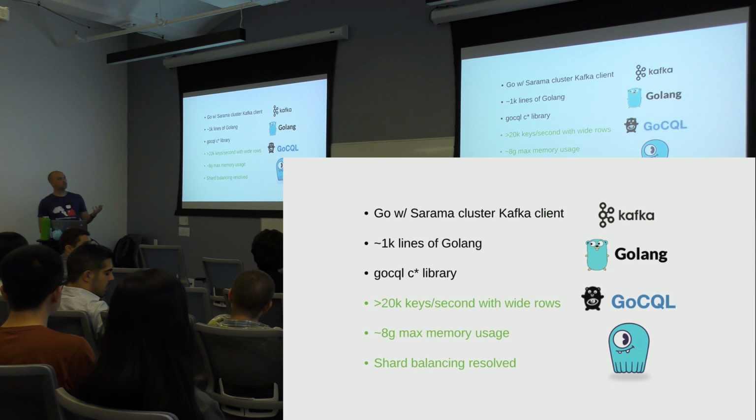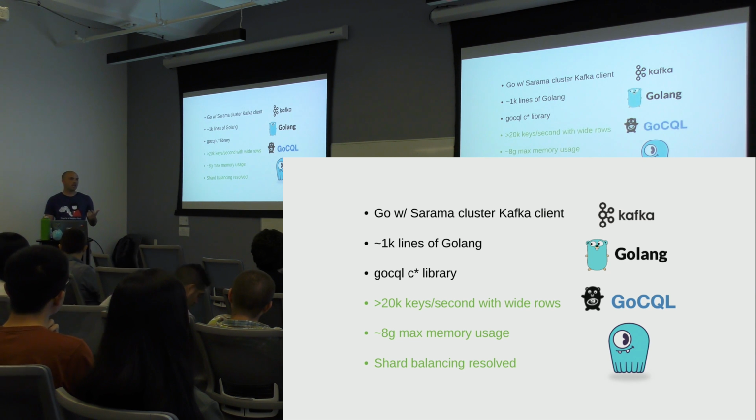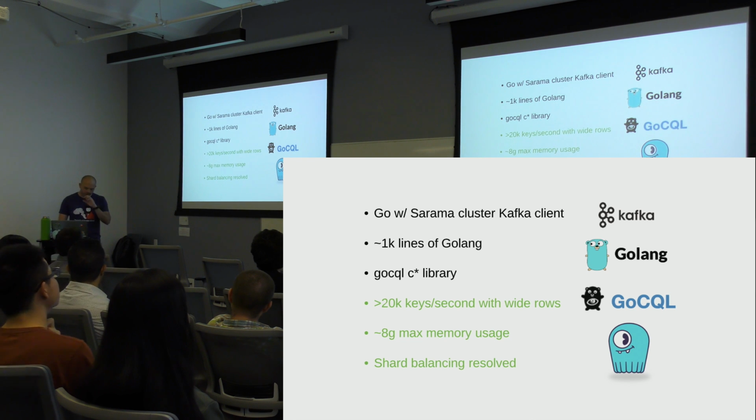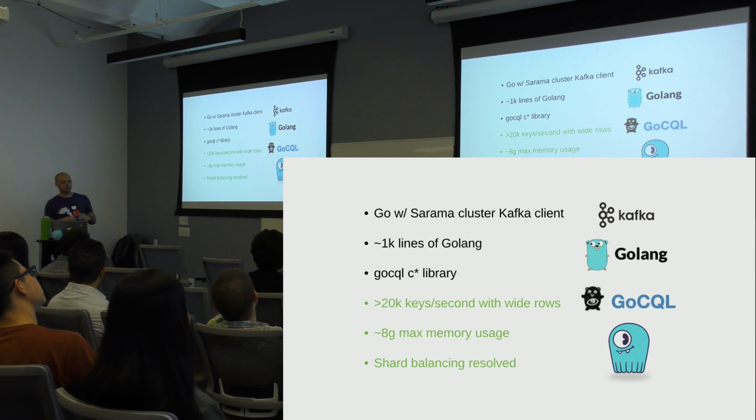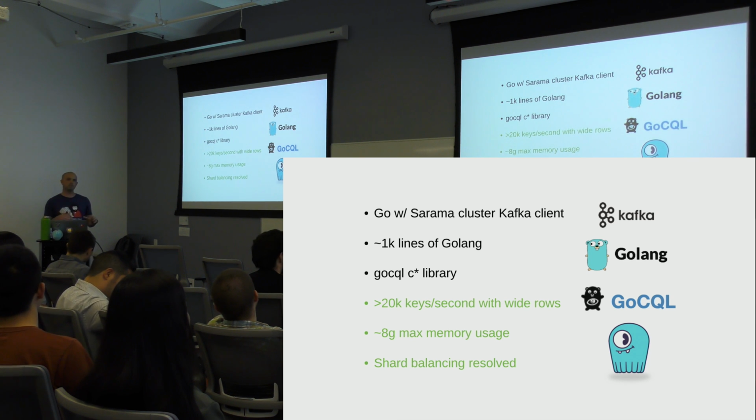Rewriting it in Go, one of the benefits that we fell into was Go doing escape analysis at build time. I was unaware of this until I dug into it more. Go is going to take a look at each stack frame and determine whether or not a variable escapes the stack. If the variable escapes the stack, it needs to go to the heap, and it's eventually going to be garbage collected.